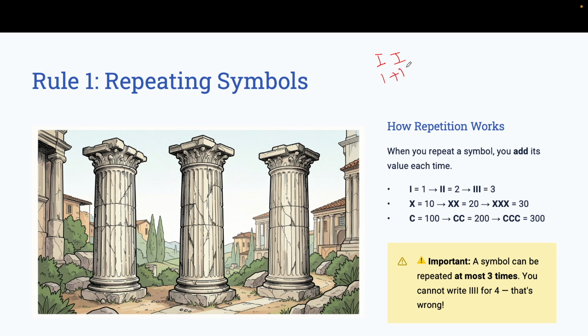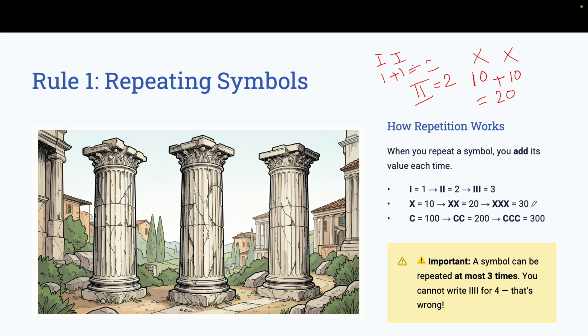We add both numbers, then it becomes 2. Same as X means 10 and double X means 20, not 100. Why? X is 10 and this one is also 10. We add both 10s, then the answer is 20.